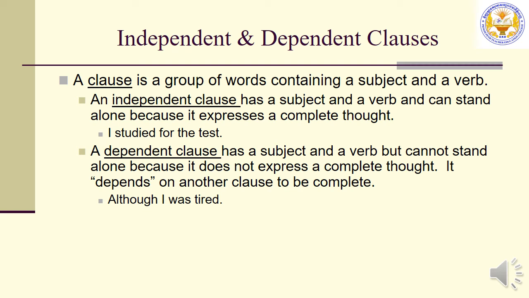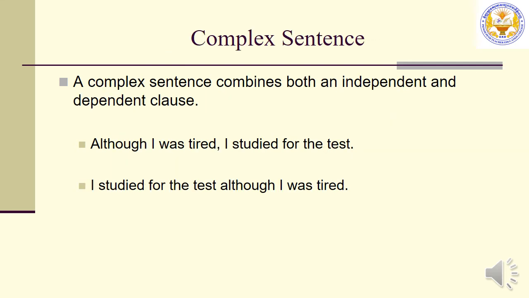Unlike an independent clause, "I studied for the test." It is a sentence and it is an independent clause. So you can understand a complex sentence by understanding the independent clause and dependent clause, because a complex sentence contains an independent clause and a dependent clause.